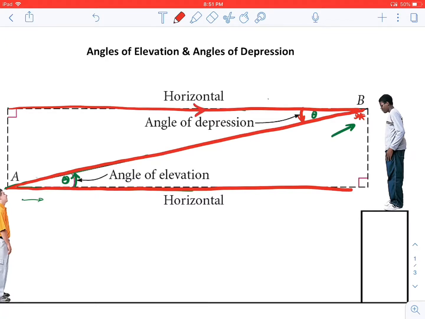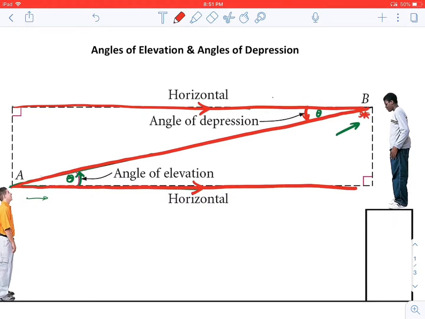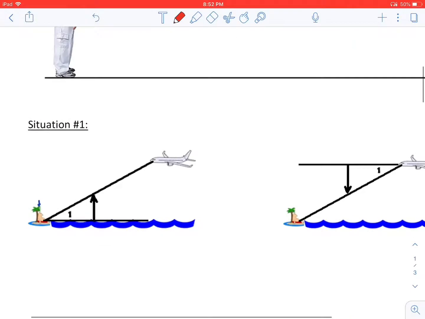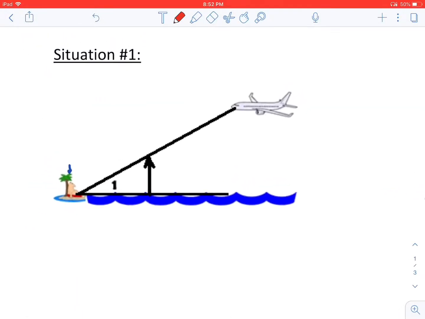And since these two lines are parallel with a transversal that intersects those lines, that makes the angle of elevation in this problem congruent to the angle of depression because they are alternate interior angles. The AIA postulate stated that if two lines are parallel and intersected by a transversal, then the alternate interior angles must be congruent. So how can I apply this to a particular situation?